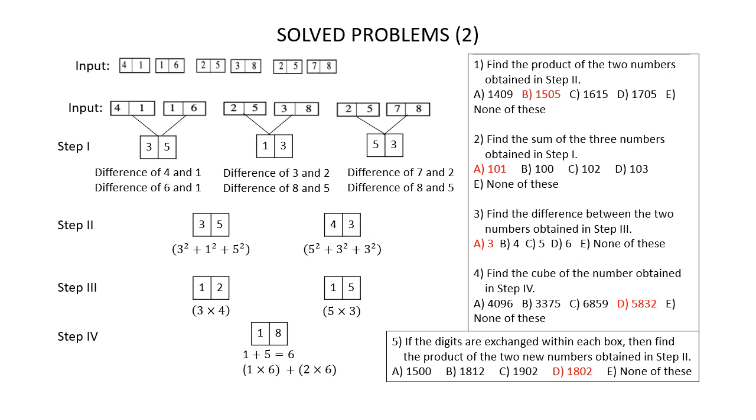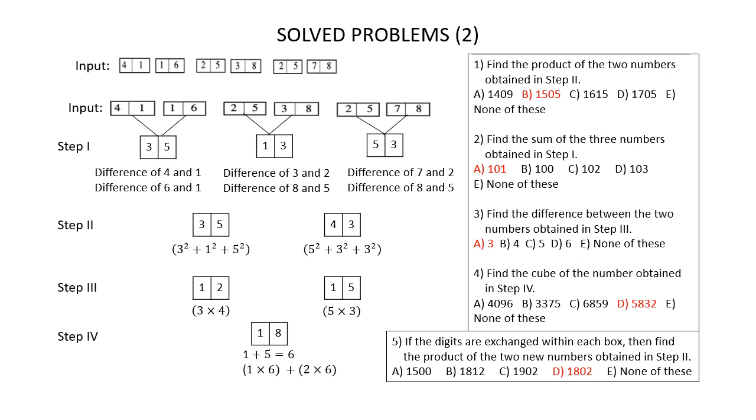This means 3 squared plus 1 squared plus 5 squared gives the first number of step 2. Now 3 squared plus 1 squared plus 5 squared is nothing but 9 plus 1 plus 25, which is 35. So 35 is the first number in step 2.